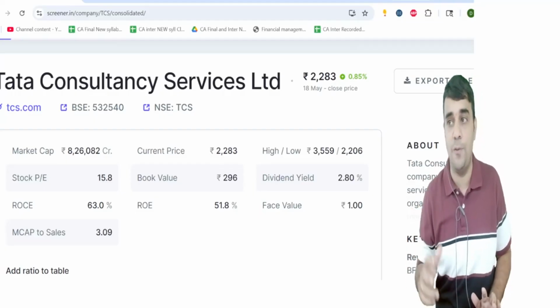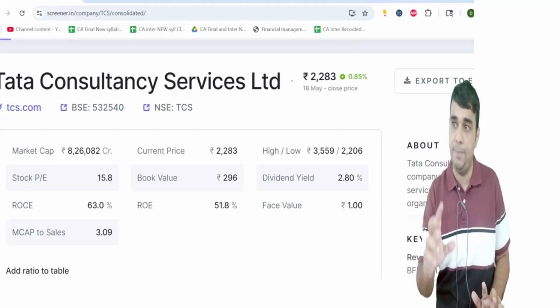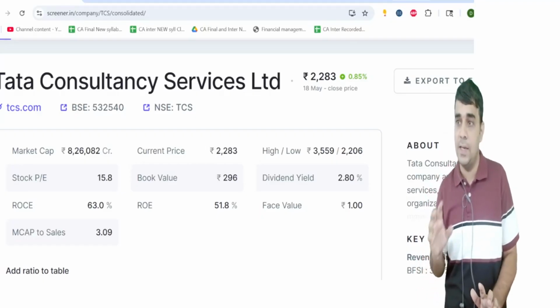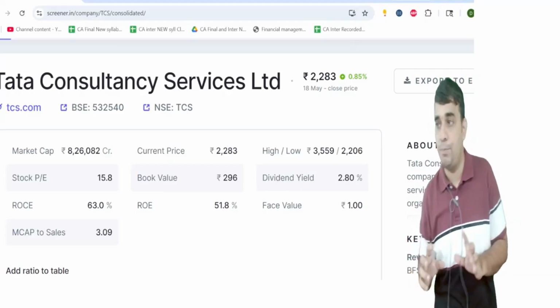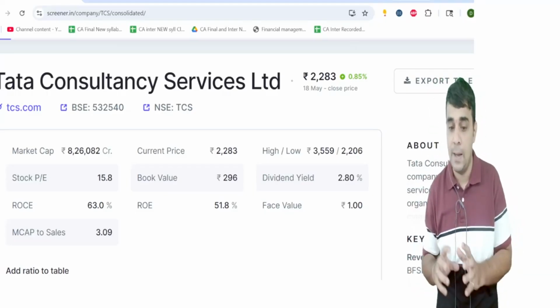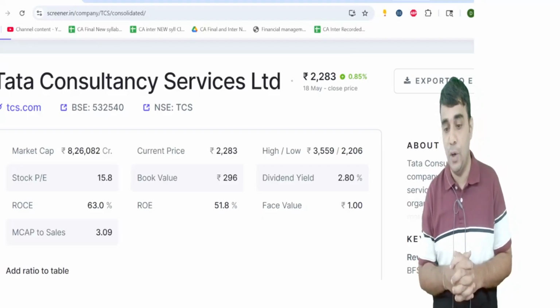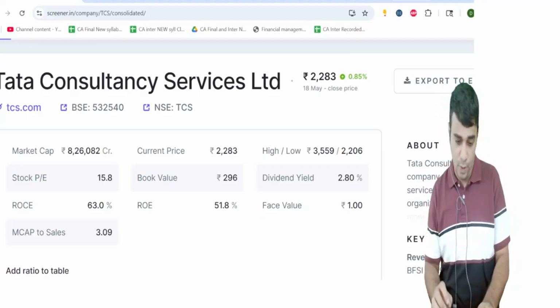With this, there is one more formula which can come in the market. The book value is only 296, while the market is giving a value of 2283. What is this formula?